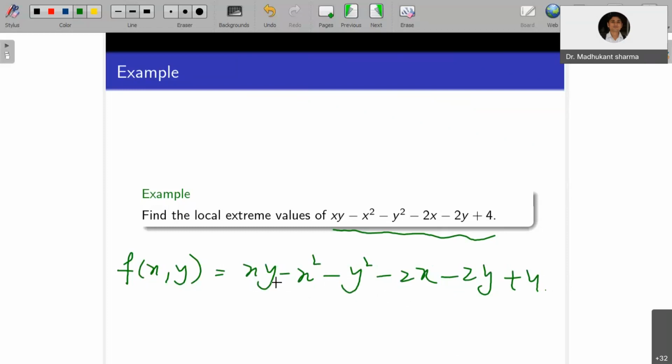It's a polynomial in x and y both, with only positive powers. It's a sum of continuous functions: the constant, 2y, 2x, y square, x square, and x into y are all continuous. So the sum of continuous functions is continuous, and you can apply any rule which you are comfortable with.